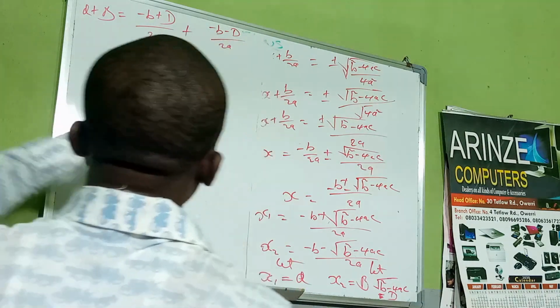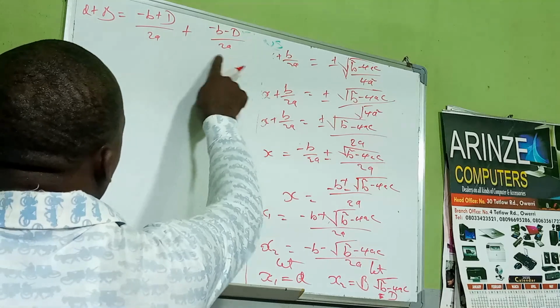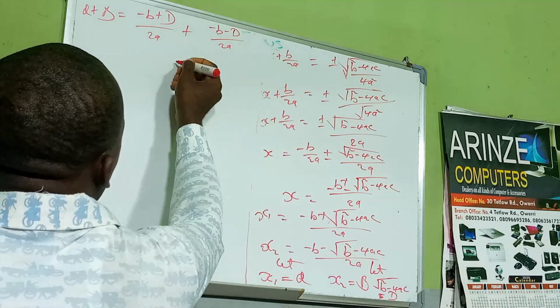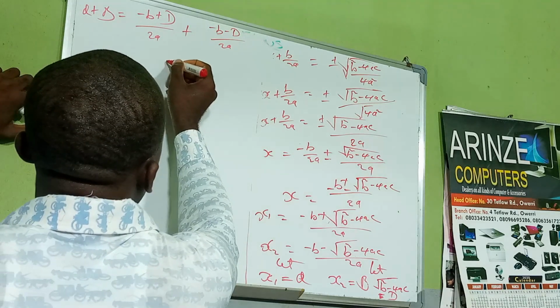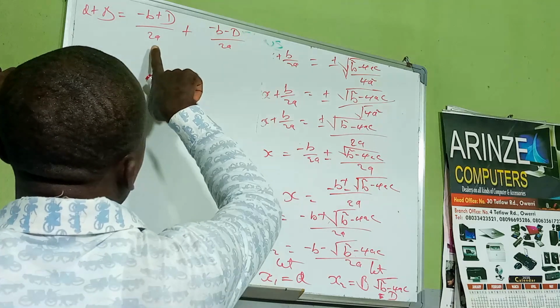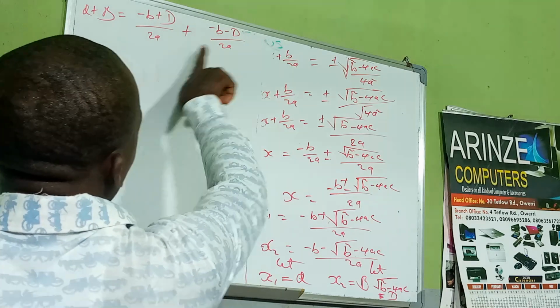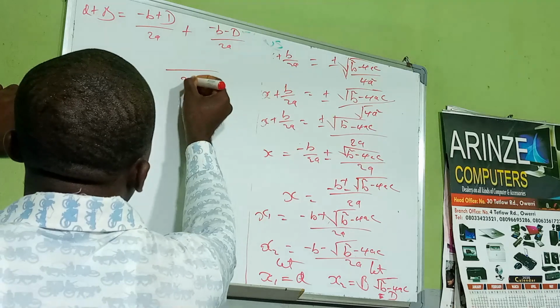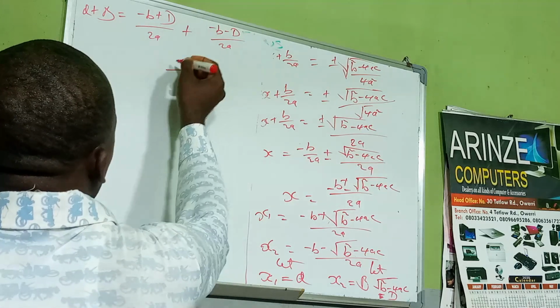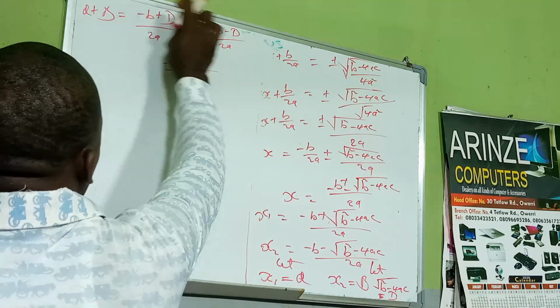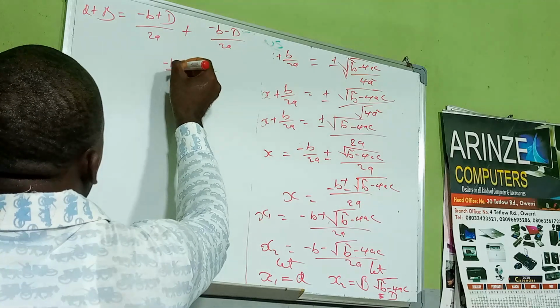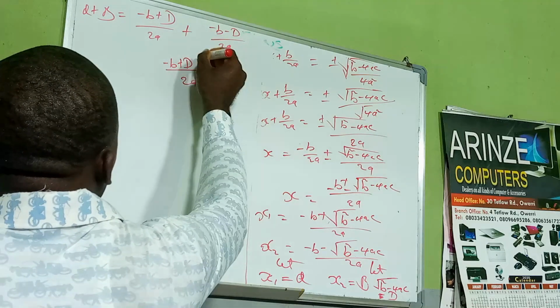So now looking at this, we have 2a as the LCM of 2a and 2a. 2a into 2a will be 1. 1 times minus b plus d will be minus b plus d. Then bring down this plus.